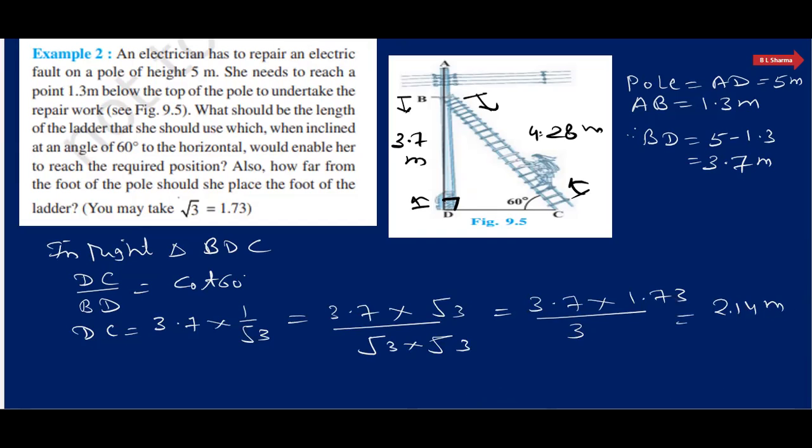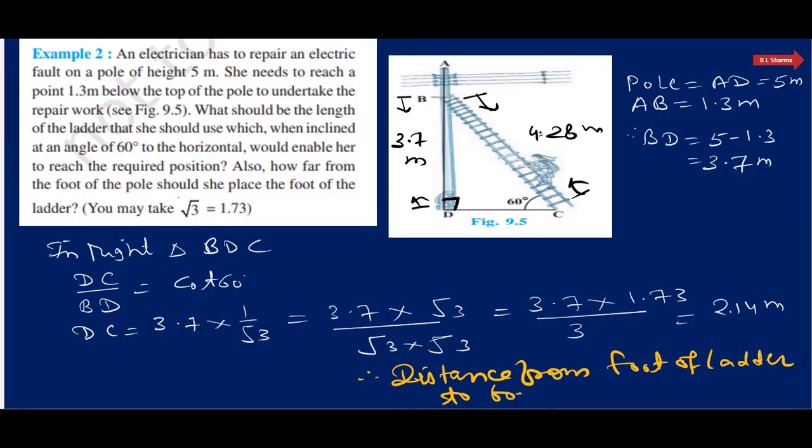The distance from foot of ladder to foot of pole should be 2.14 meter approximately. Answer. You also have to write approximately here.